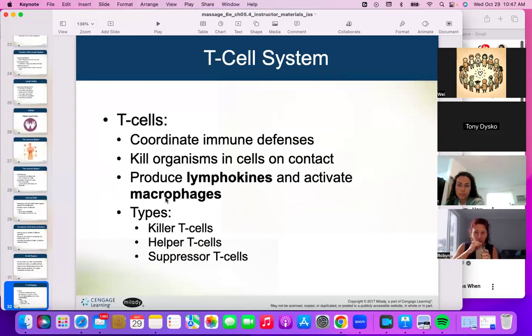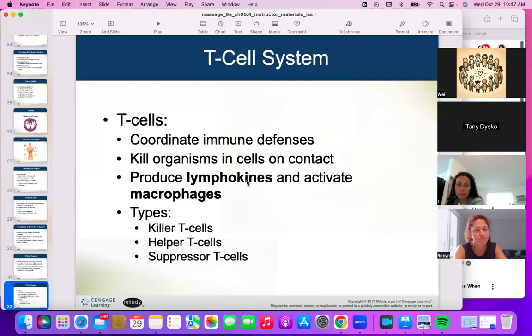Okay, now the T cell system. The T cell coordinates immune defenses. T cells are active against bacterial infection, fungal infection, cancerous cells, wound cells, and any cell that's harboring any pathogen.